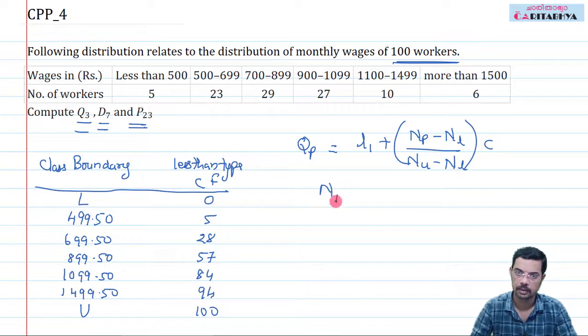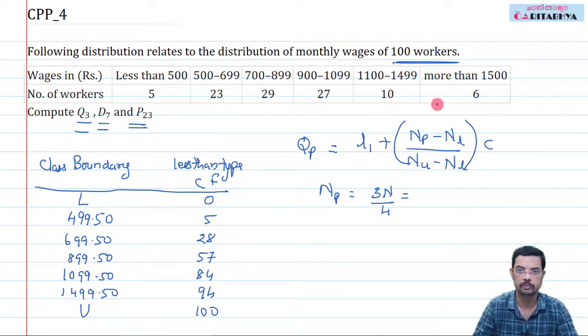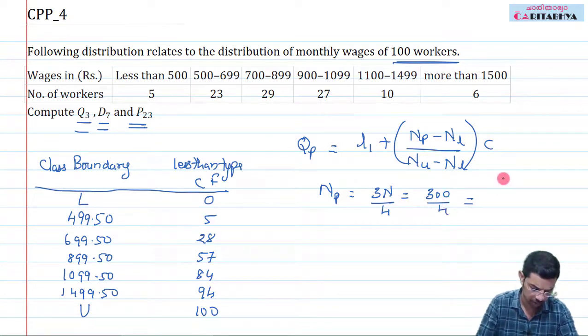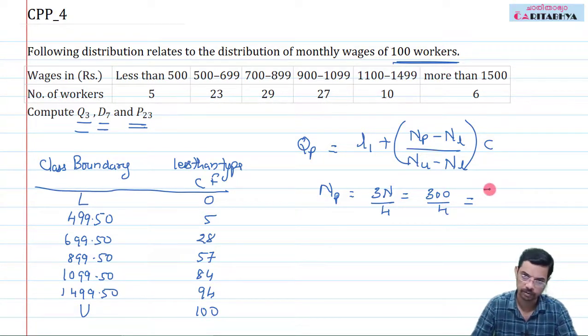In this case we need to find the third quartile, so we will be taking 3 into n by 4, which is equal to, the total number of observations is 100, so 300 divided by 4, which is 75.